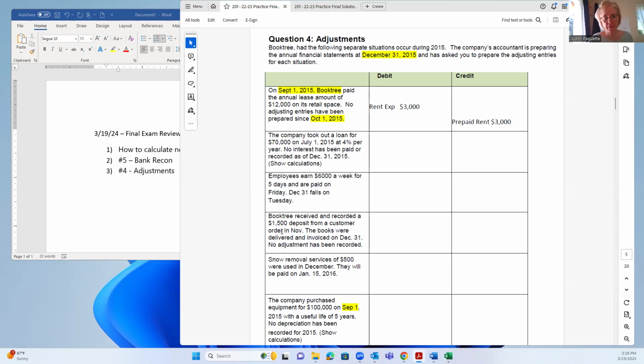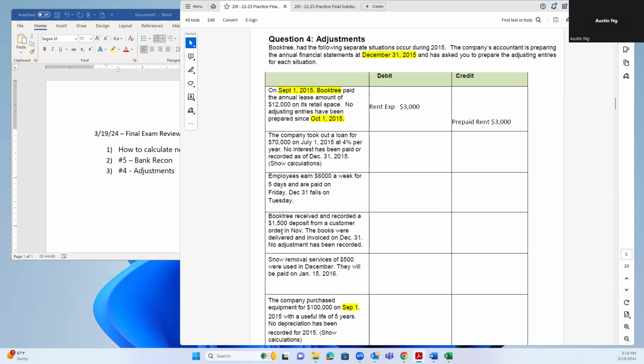Unearned revenue, perfect. Okay. They haven't provided the goods yet, so they can't call it a sale, okay? So now the customer prepaid $1,500 for all those books. The books came in December and were delivered to the customer, okay? So the question is, what's the adjusting journal entry?